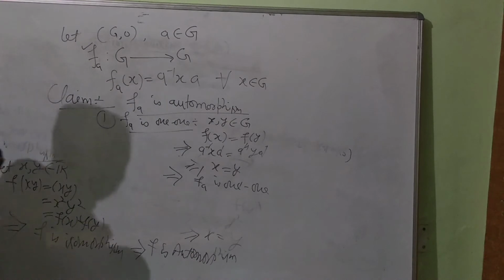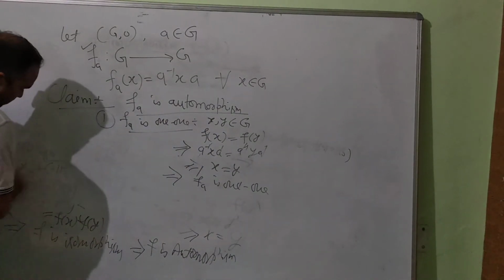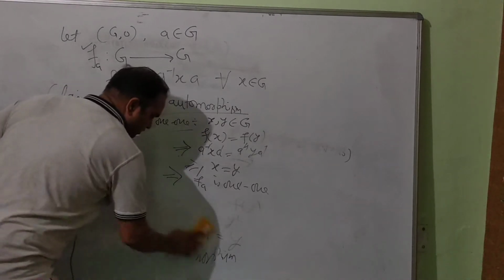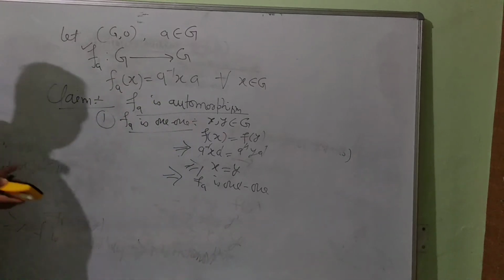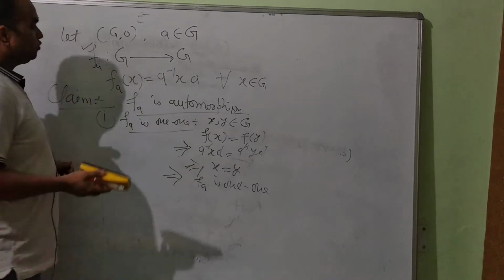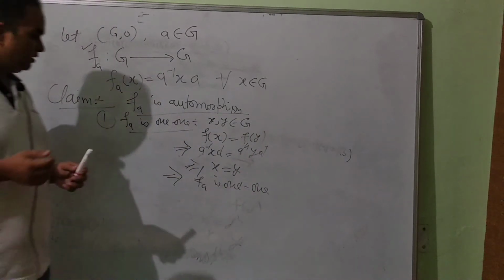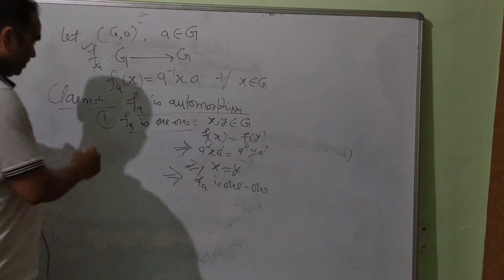Now next we will prove that this function is onto. What is the definition that a function is onto? To prove that a function is onto, we have to show that every element in the codomain has some pre-image, right?